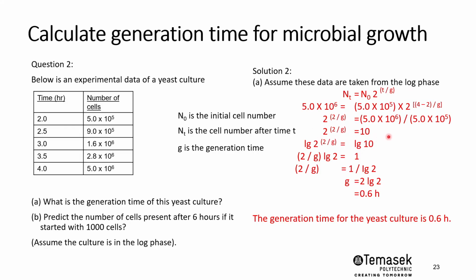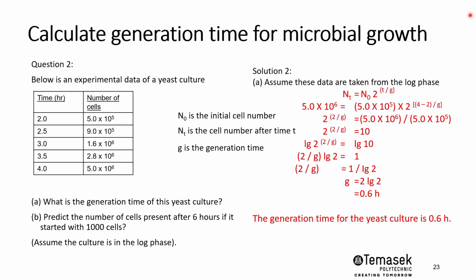Here we want to apply logarithm to both sides, so that we can isolate the variable that is in the exponent. In this case, the exponent is 2 divided by g, because we are interested in finding the generation time, and that's g here.